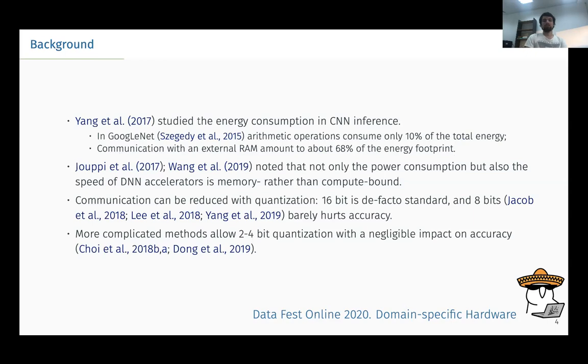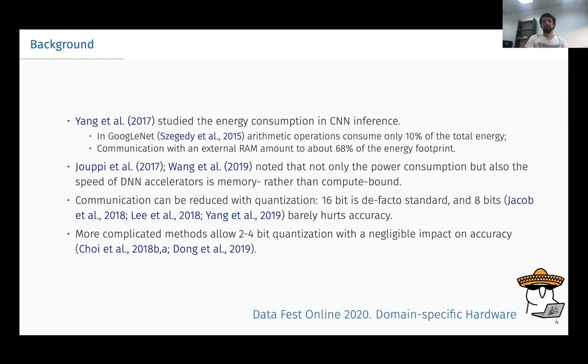So some background about energy consumption in CNN inference. The topic was very popular, and already in 2017, Yang noted that communication with external RAM amounts to a large part of the energy footprint. In their case, it's 70%, and there are other papers that show similar numbers.